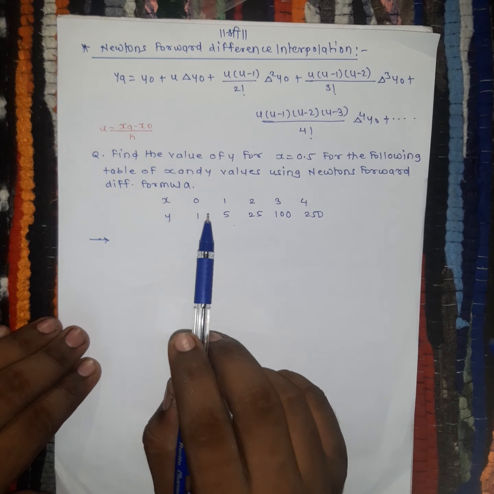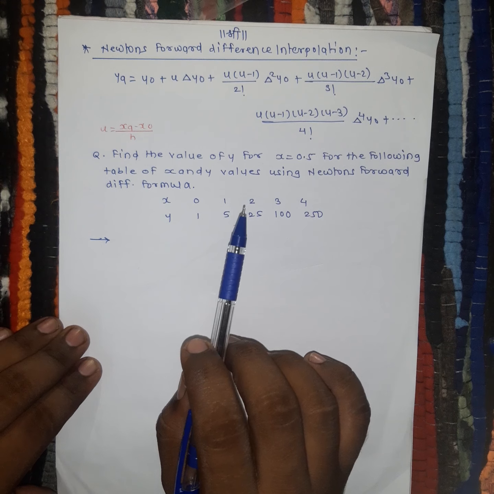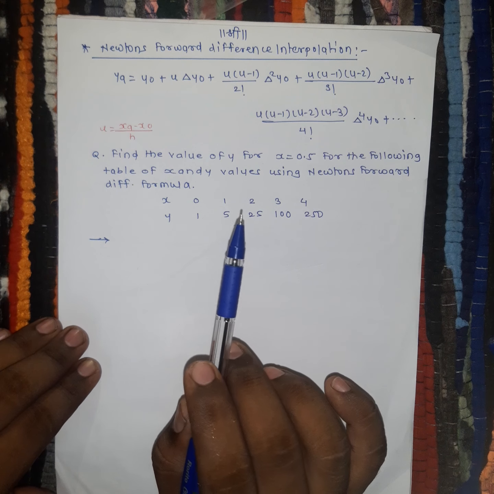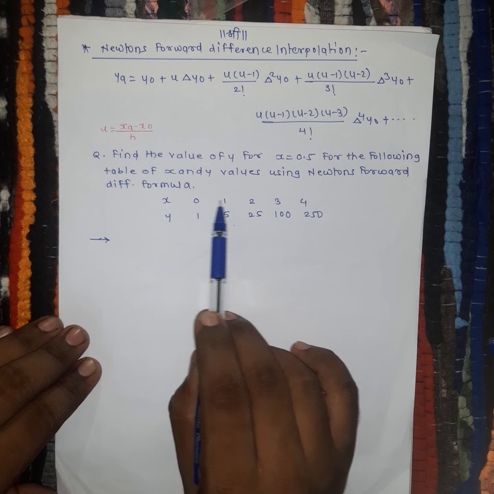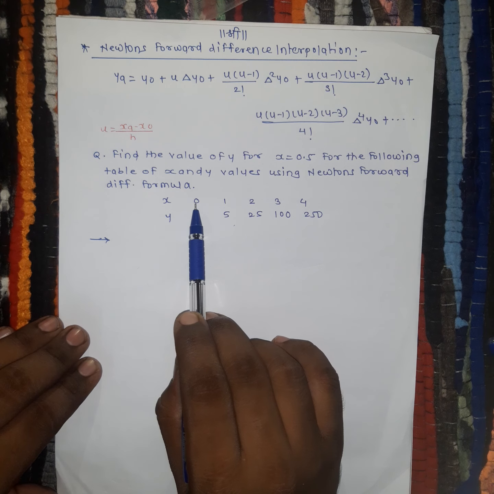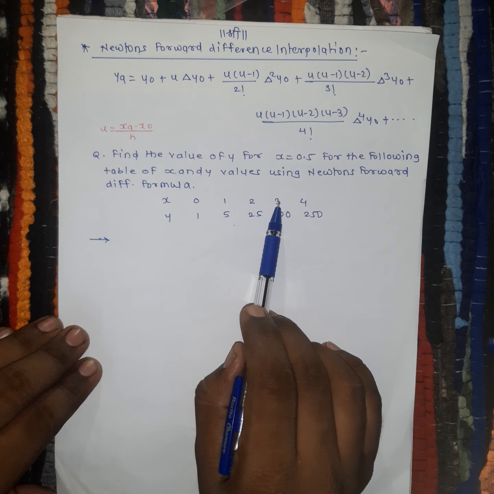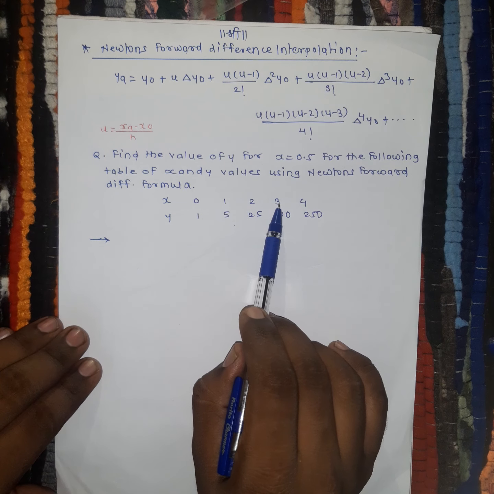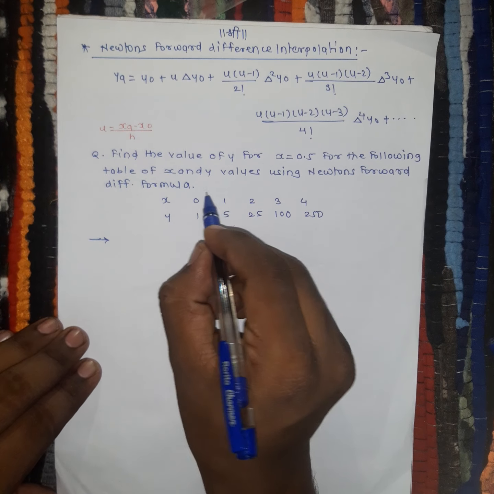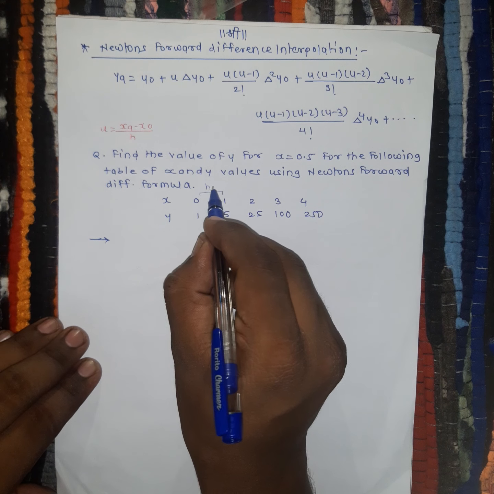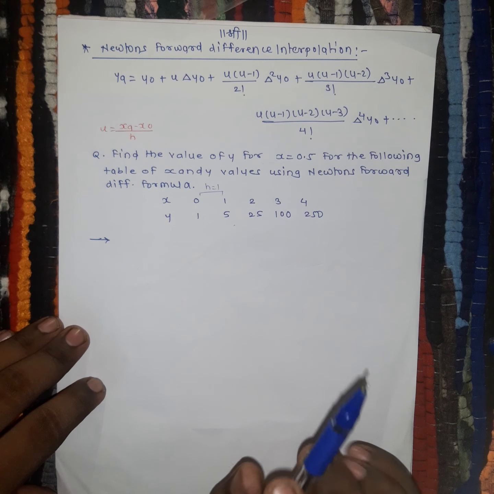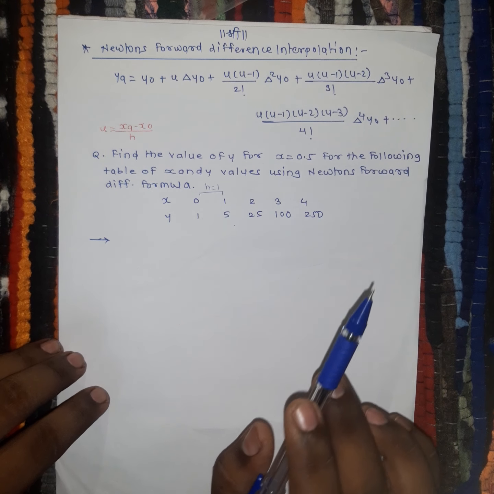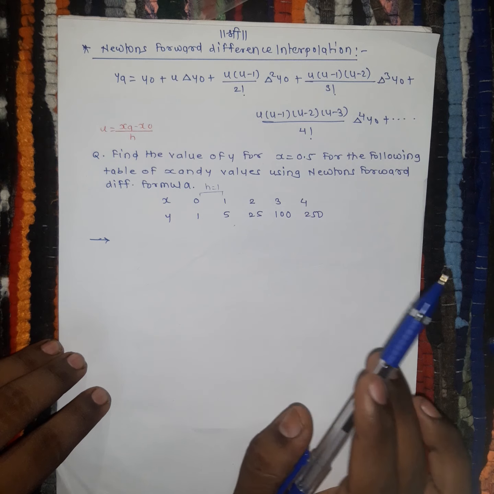One most important thing is that Newton's forward difference interpolation is applicable only when the difference between two consecutive values is the same. That is, 1 minus 0 is 1, 2 minus 1 is 1, 3 minus 2 is 1, 4 minus 3 is 1. That difference is called h, and it is equal to 1. It should be constant, and only then can you use Newton's forward difference method.